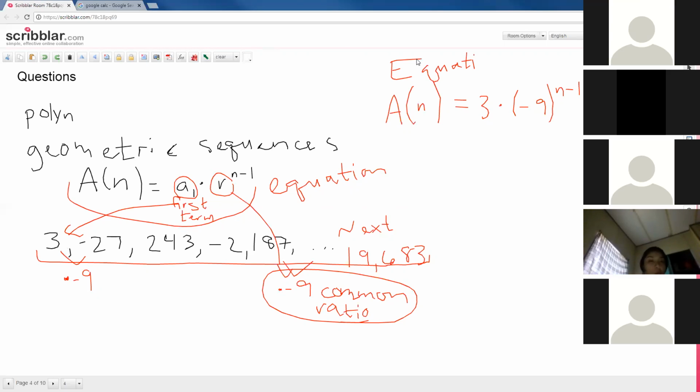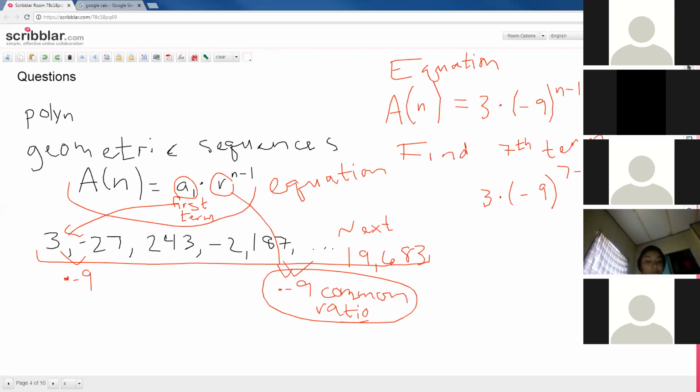If the question says find the 20th term, actually that's way too big for geometric. Find the 7th term. Now we can use the equation to find that. Instead of just continuing on the list, we plug in 7. 3 times -9 to the 7 minus 1 would give us the 7th term.